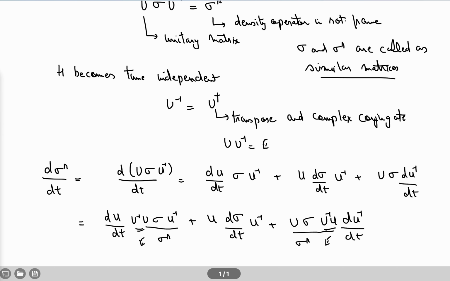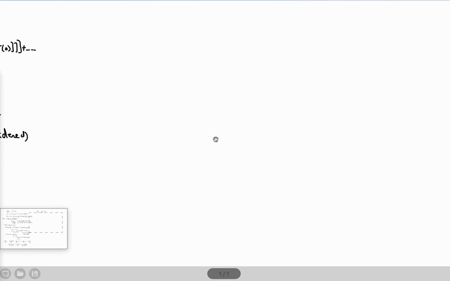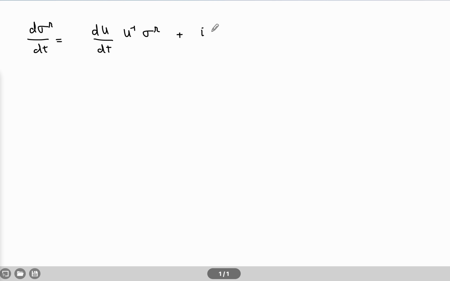Plus U, and I had d sigma/dt over here, so d sigma/dt U inverse plus this will now be sigma r U dU inverse/dt, right?